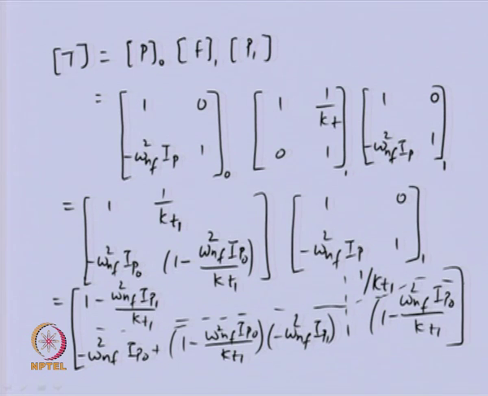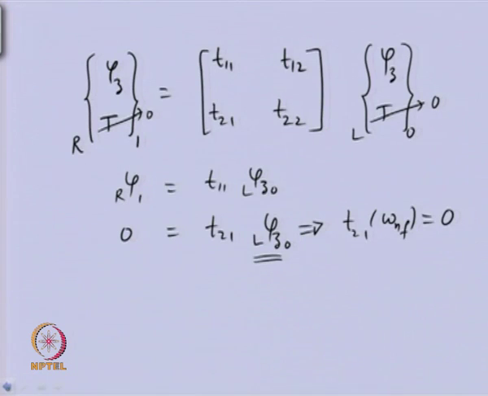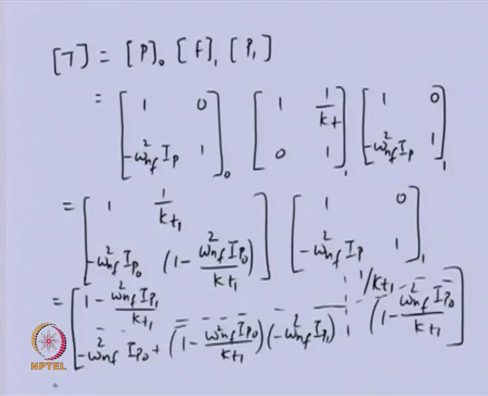Now you can see that if we go back, this T21 is the frequency equation that needs to be equated to 0. So you can see that this particular equation is the frequency equation. We need to equate this equal to 0. If we equate this equal to 0, we will get two roots. One will be 0 and another will be exactly the same as we obtained earlier.